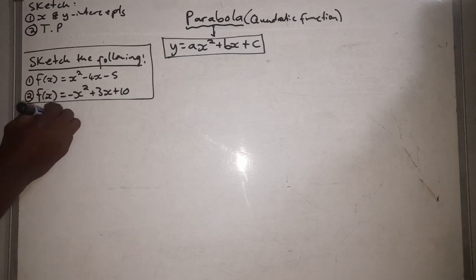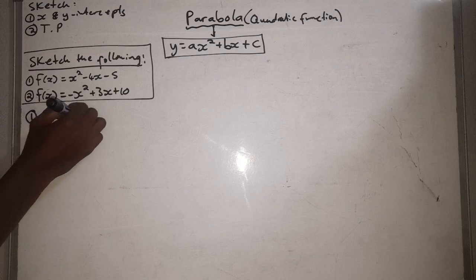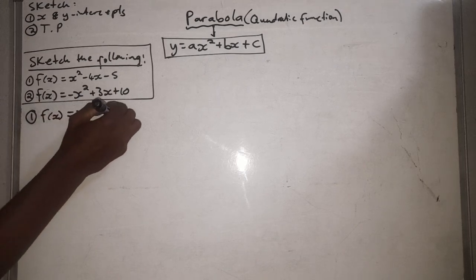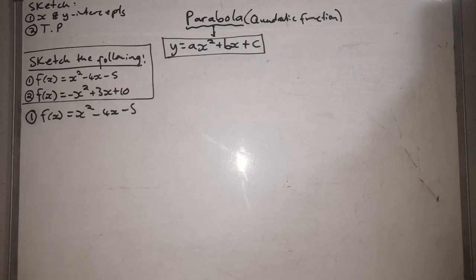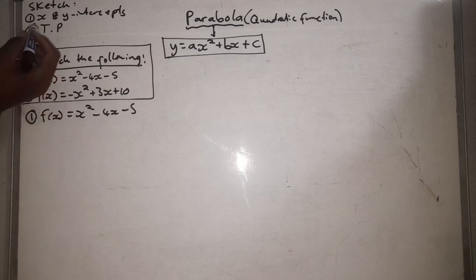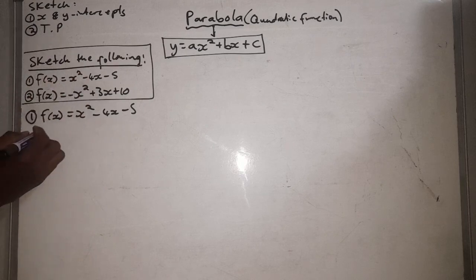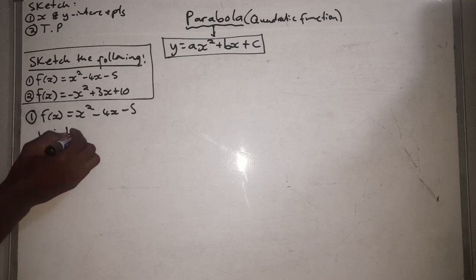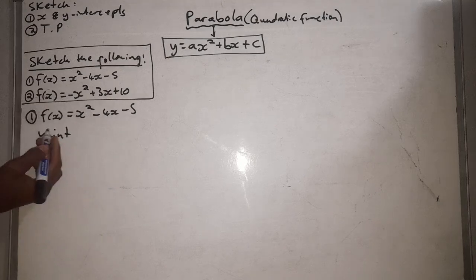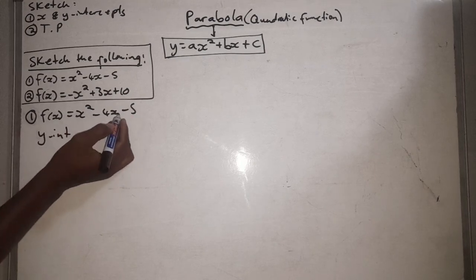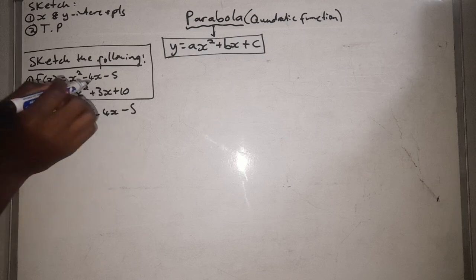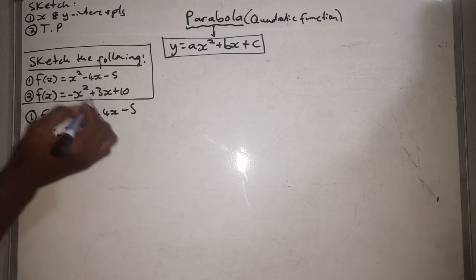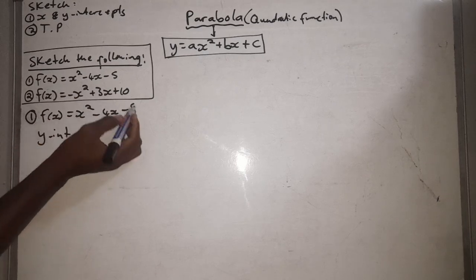So given f of x equals x squared minus 4x minus 5, to sketch it we have to find the x and y intercepts. I'm going to start with the y-intercept, because in the y-intercept form, the y-intercept is always given directly: in this equation, it is minus 5.